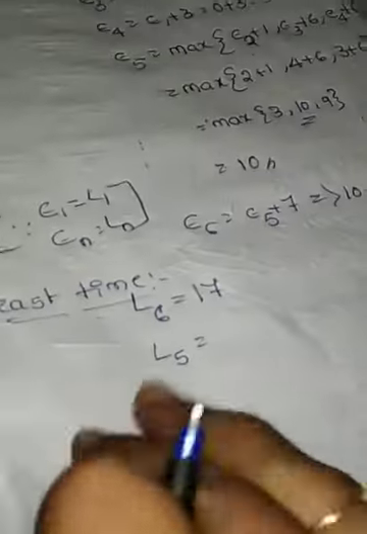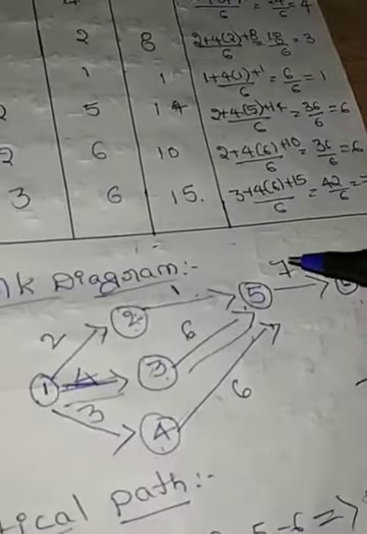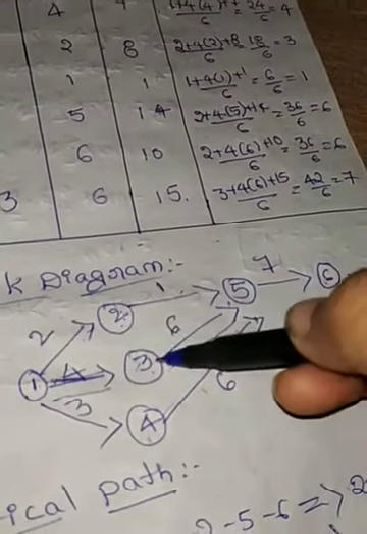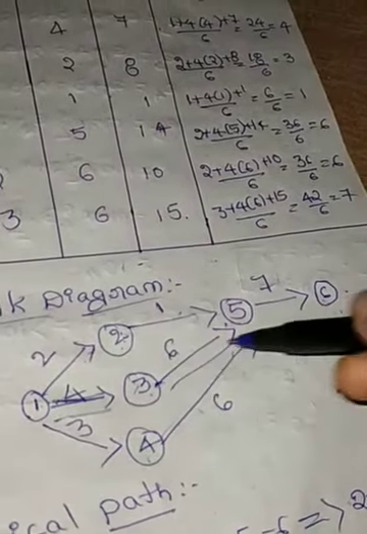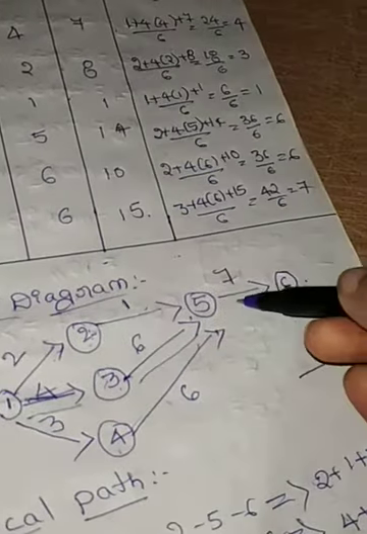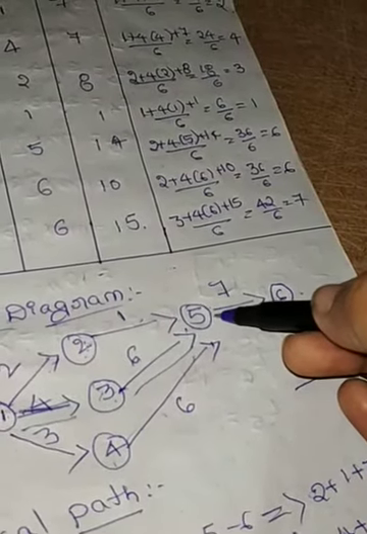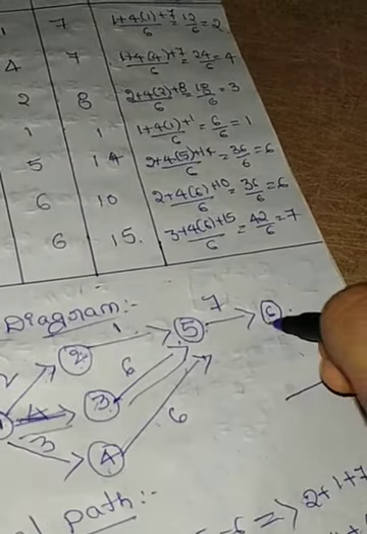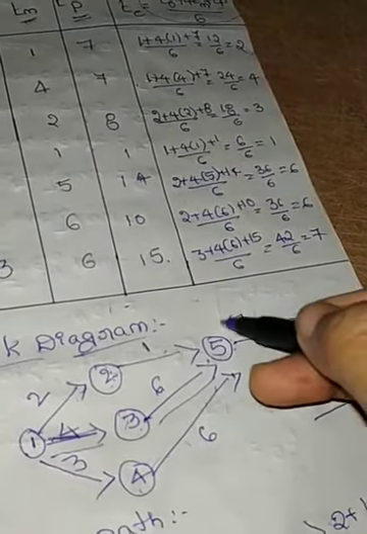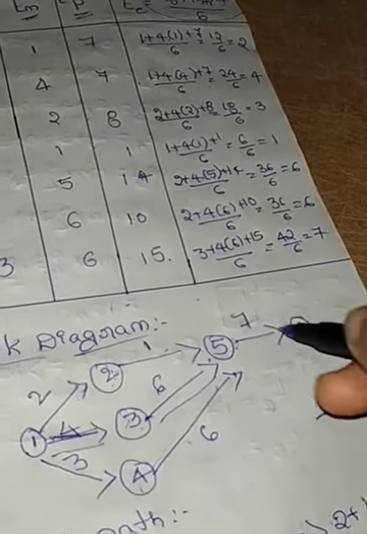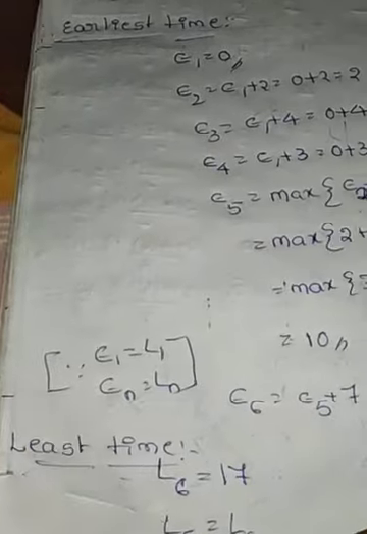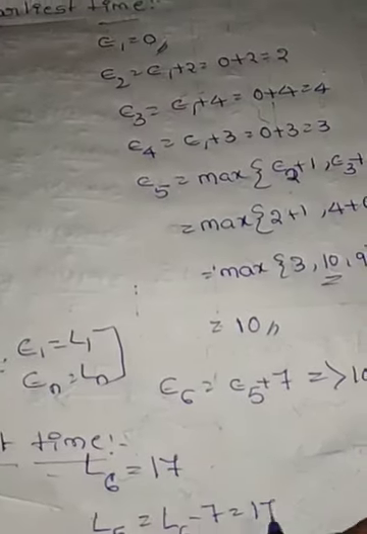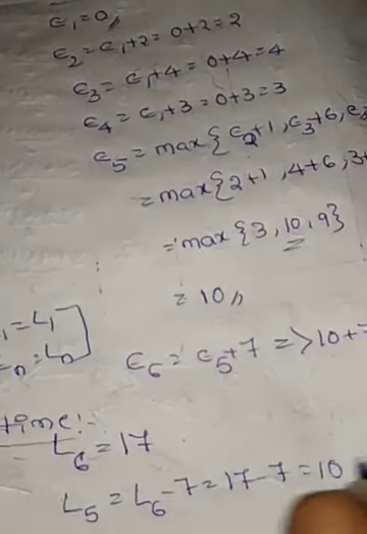In the backward direction we consider the tail of the arrow, which comes from 6, and we use minus values: L6 minus 7, 17 minus 7 is equal to 10.